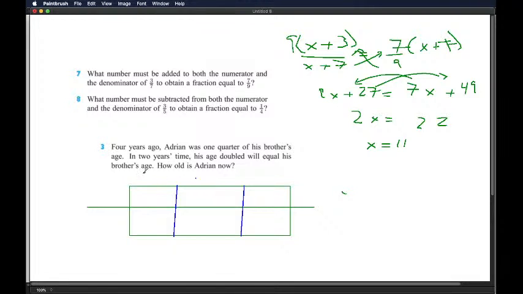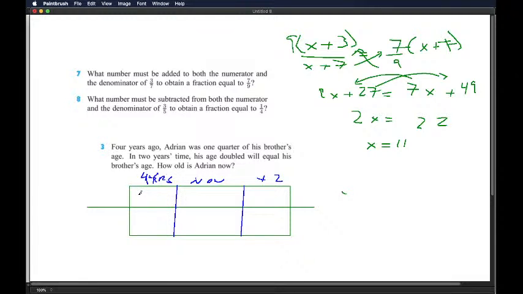This is 4 years ago here, and this is now. I'm guessing we have to do something like this. In 2 years' time, so this is +2, right? His age doubled will equal his brother's age. How old is he?